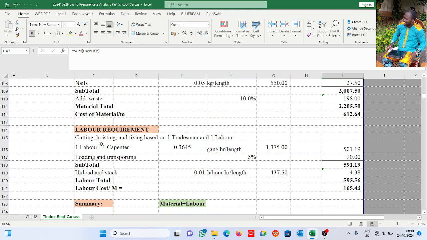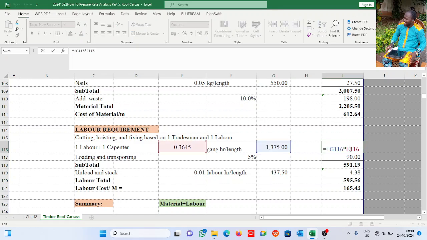Okay, yes, great. Then our labor requirements. Now of course we need one skilled labor and one unskilled labor at 0.36 gang hour per length. So we have one skilled and one unskilled. 937.5 plus 437.5, that's what we have here. By this we have that.